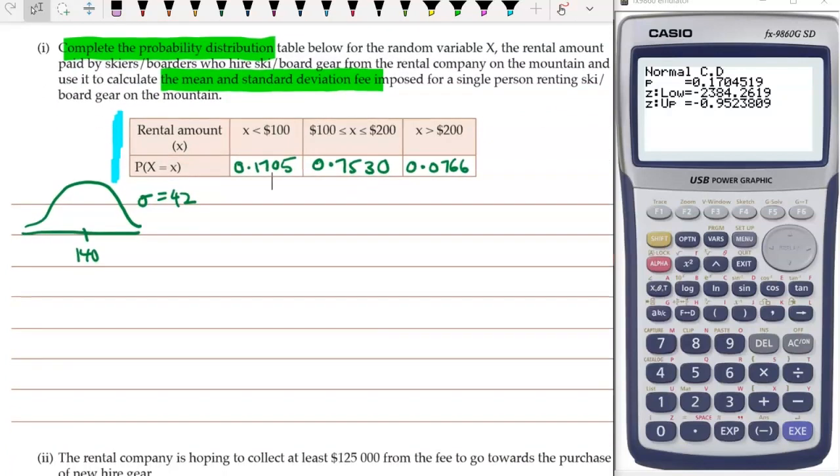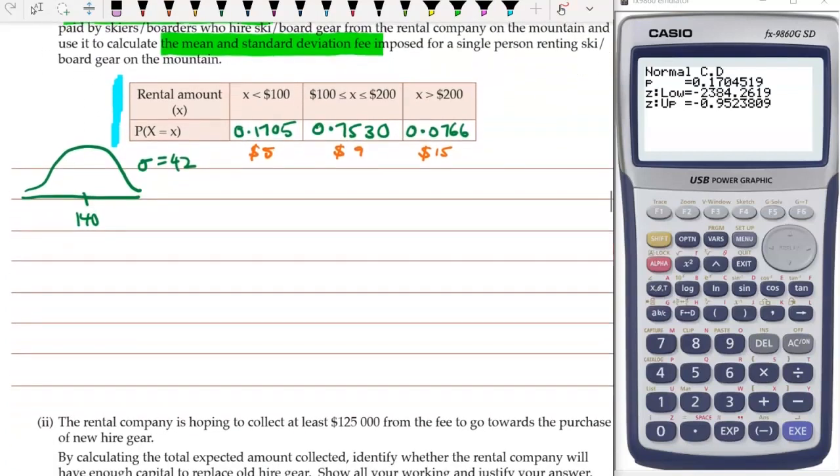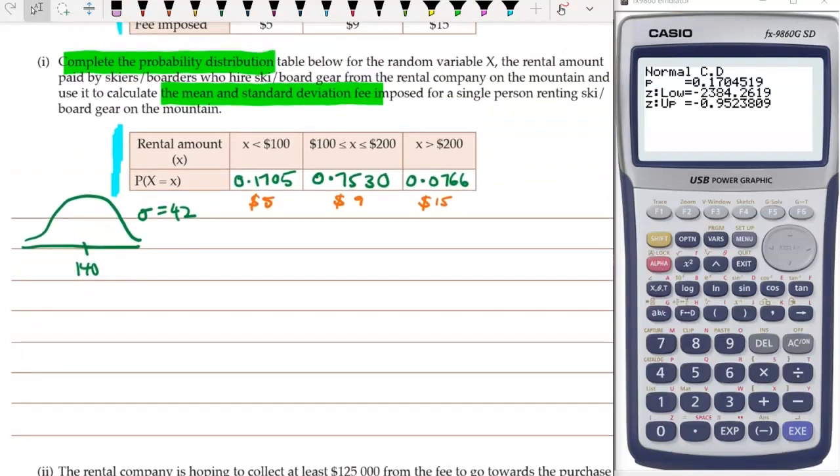Okay, moving on to the next bit now, calculate the mean for the amount of fee being imposed. So the fee for this one was a $5 fee. The fee for this middle group is a $9 fee, and the fee for the end group is a $15 fee. I've taken that from this table here. I'm just rewriting it at the bottom so that I can see it all on the screen as I work through.